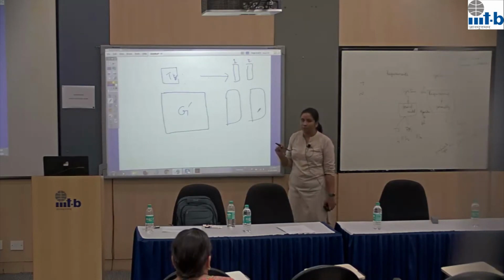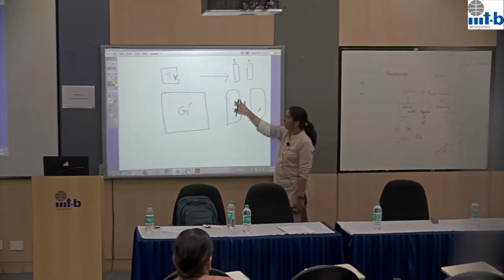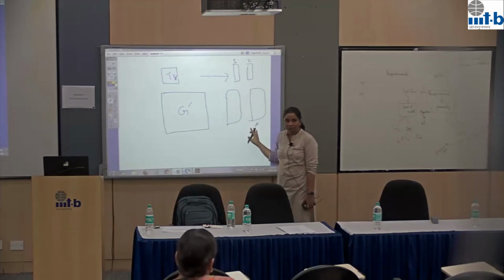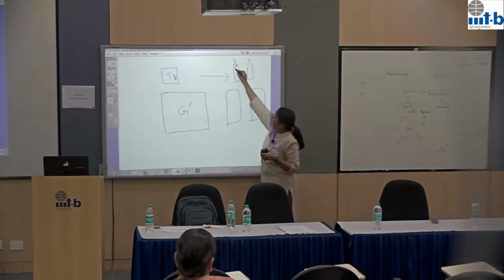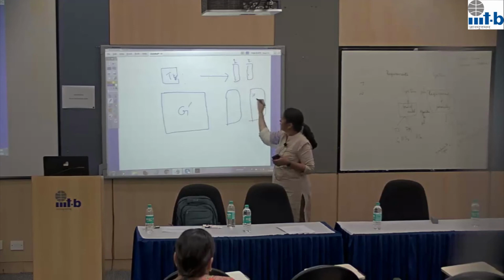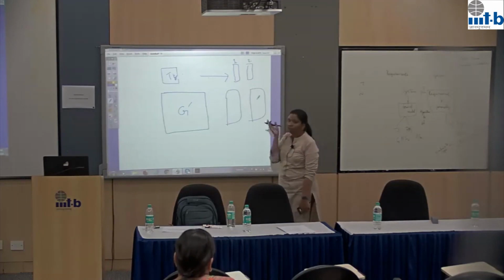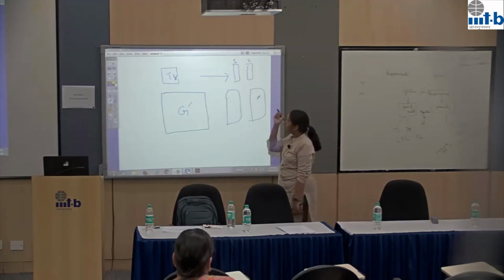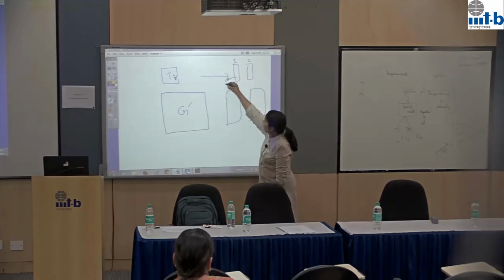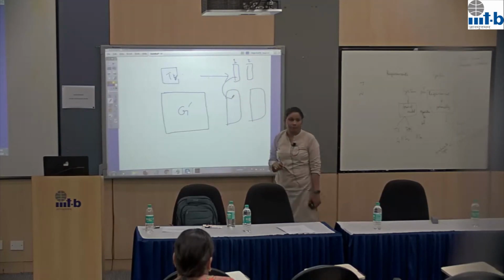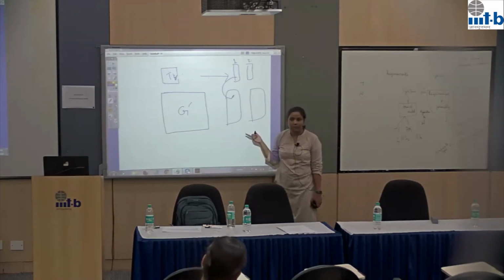So here, we have taken this 2 coloring of T and a 2 coloring of G prime, and the edges going from here to here and here to here are proper colored, right? That's how we colored them. But in the full graph, there may be edges going from here to here. It is possible, right?